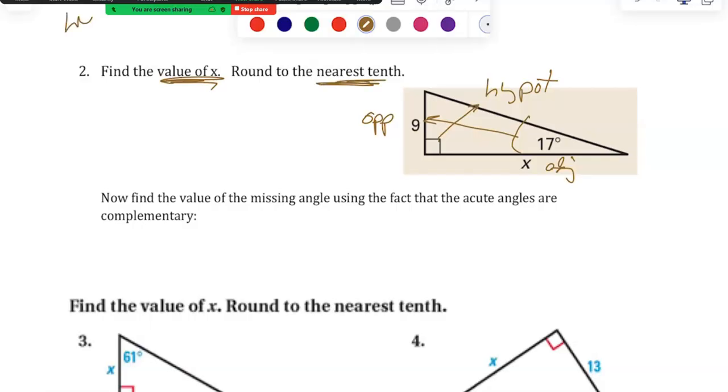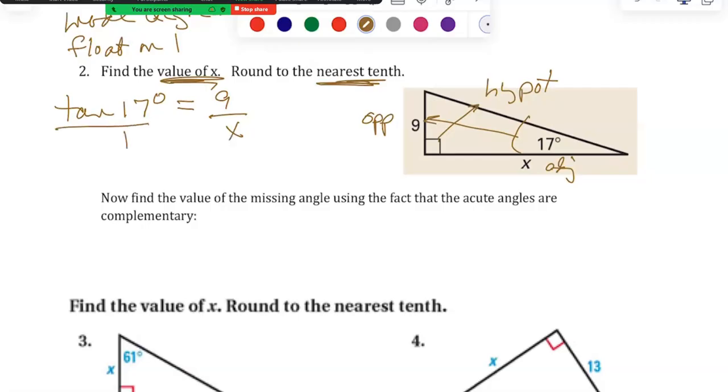So your mode is degrees, and you should be having your float on 1 if you have a TI-84. Okay, so I'm going to say the tan of 17 degrees equals 9 opposite over adjacent. Put this over 1.